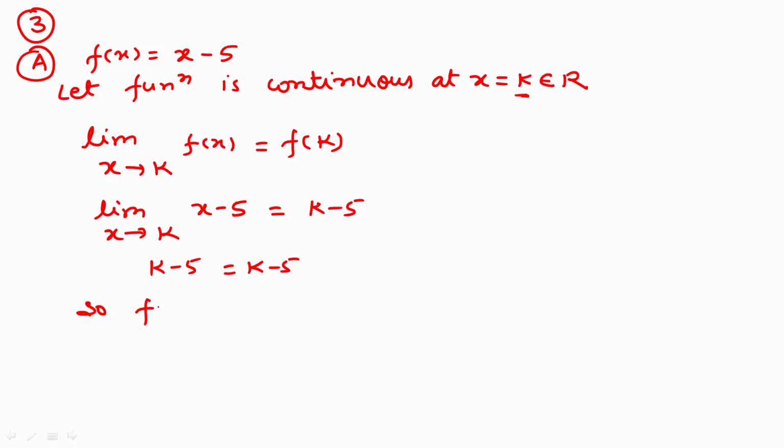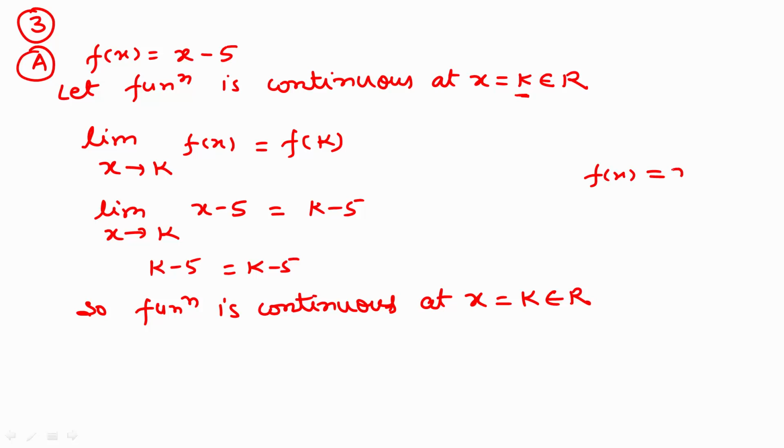So the function is continuous at x is equal to k belongs to R. Or you can see that f(x) is equal to x minus 5 is a polynomial function. I have already told that a polynomial function is continuous for all real numbers.